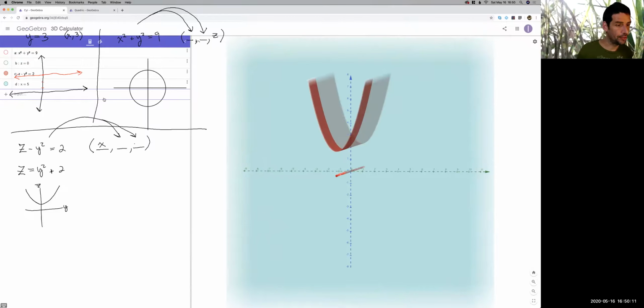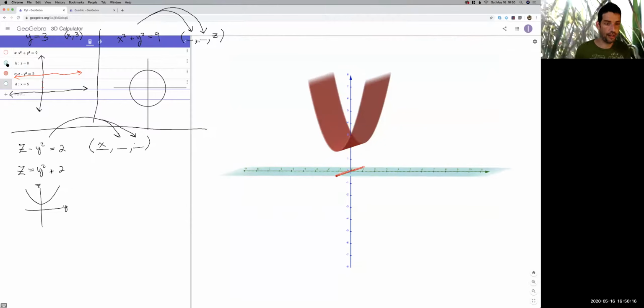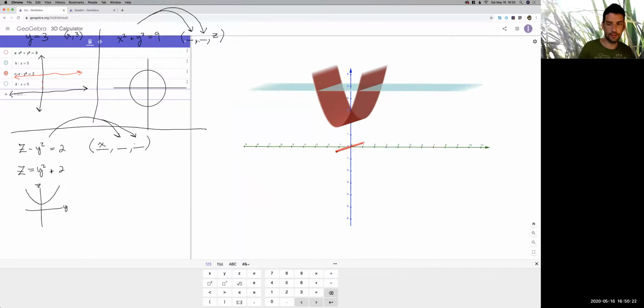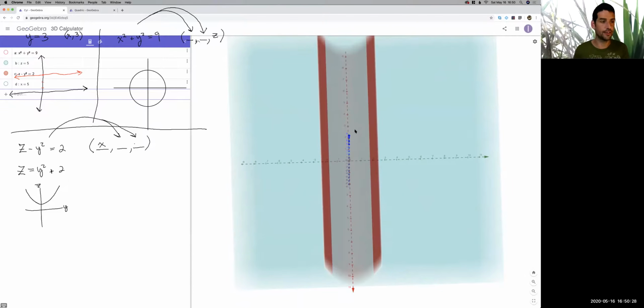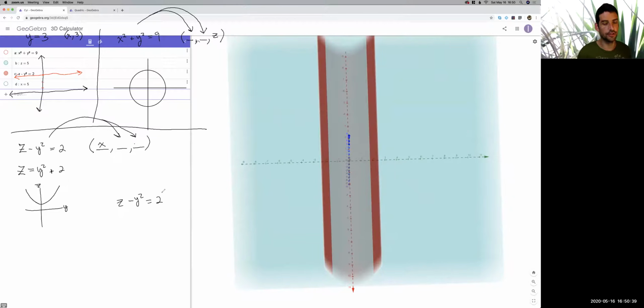So let's do another one here. For instance, with this same graph, if I took a slice, let's say at z equals 5, what do I get? The intersection is two parallel lines. Well, why is that? Let's look at our equation. We started out with z minus y squared equals 2.